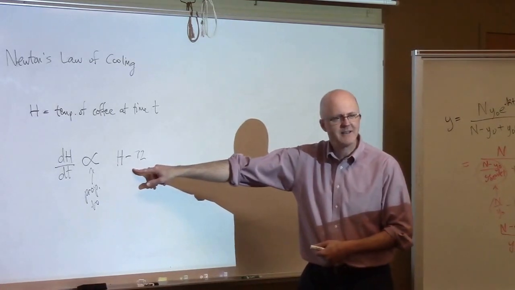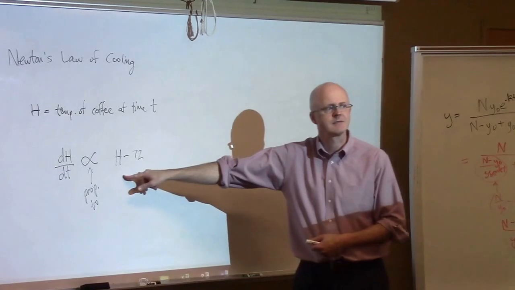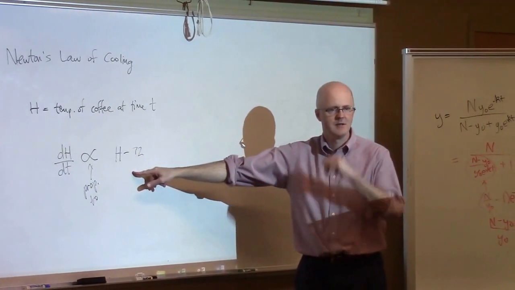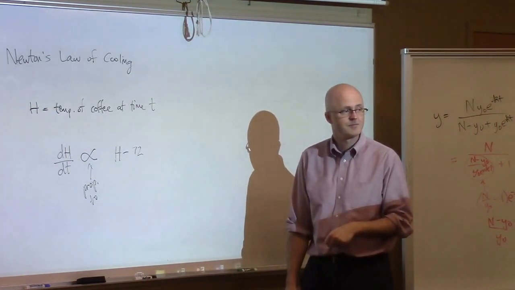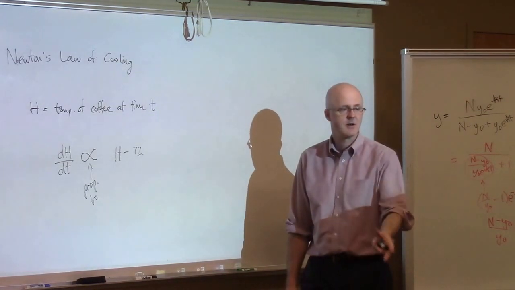If I write it like this, would the proportionality constant be negative or positive? If H is bigger than 72, it's starting out hot.